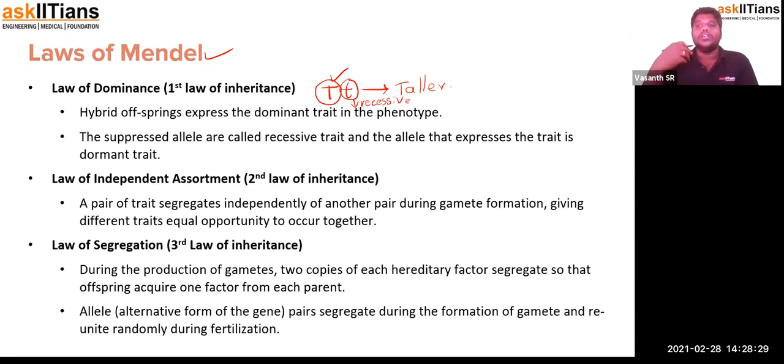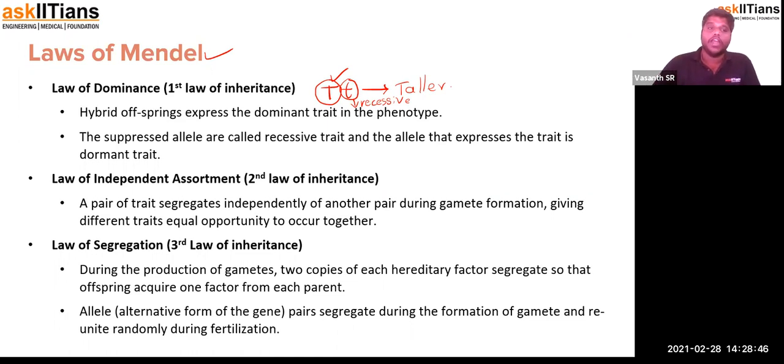That is called dominance. So the law of dominance states that even at hybrid, heterozygous condition, the characteristics that are able to express are given away in the law of dominance. That's the first law of inheritance.